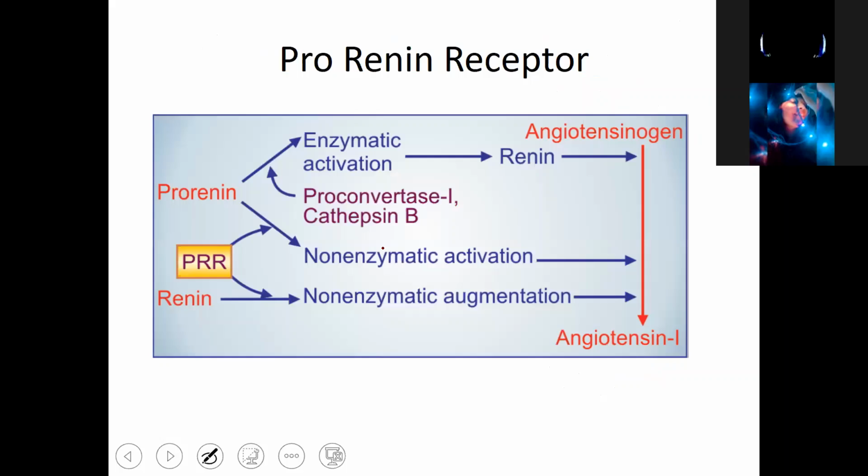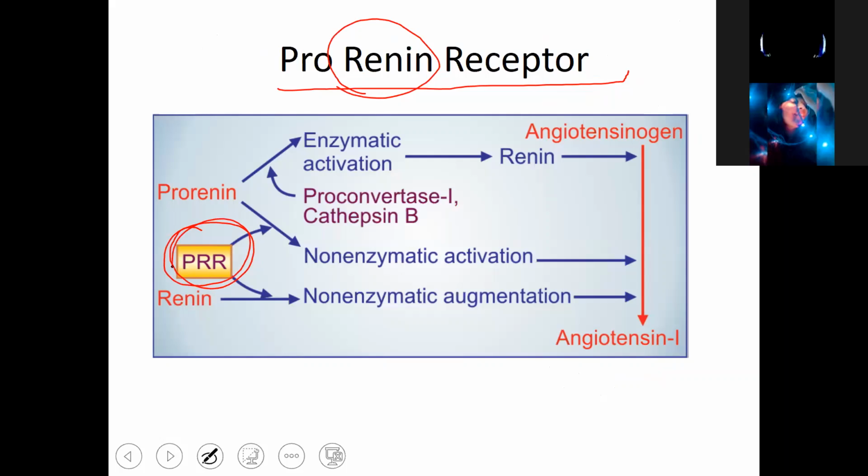Okay. So you can see how angiotensinogen is converted to angiotensin 1. Here we can see how the renin is acting, or how the prorenin, particularly, is a new concept actually.